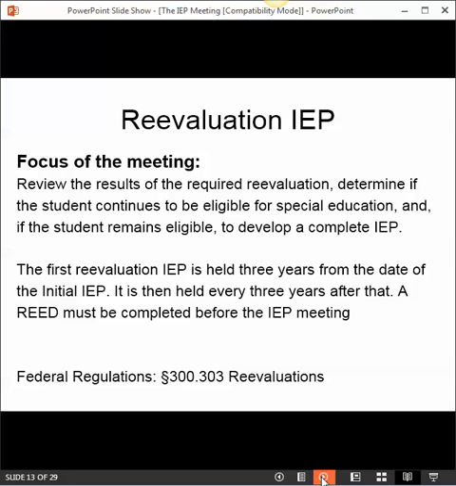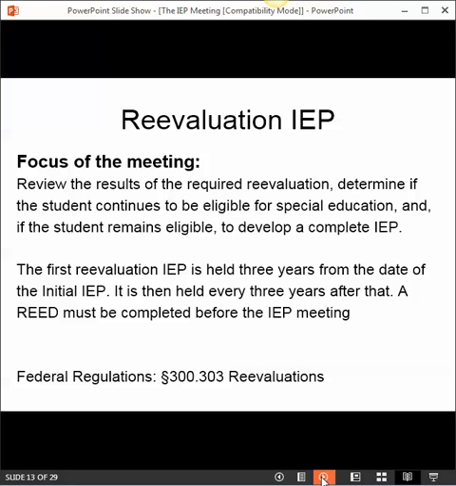So you have the initial IEP, and then within 365 days you're going to have an annual review, and you're going to do that every year. But in the middle of those times, like every 3 years after the initial, you're going to have to do a reevaluation to determine if the student remains eligible.